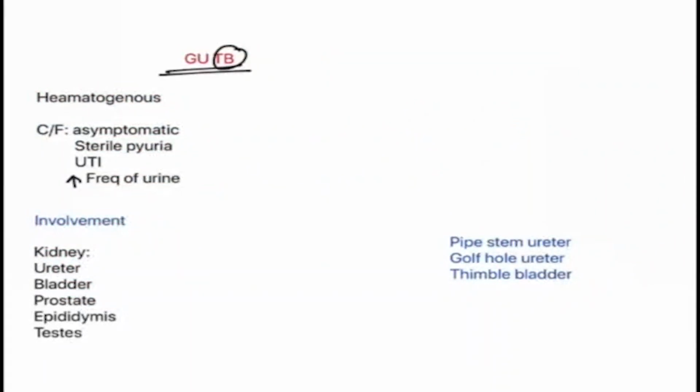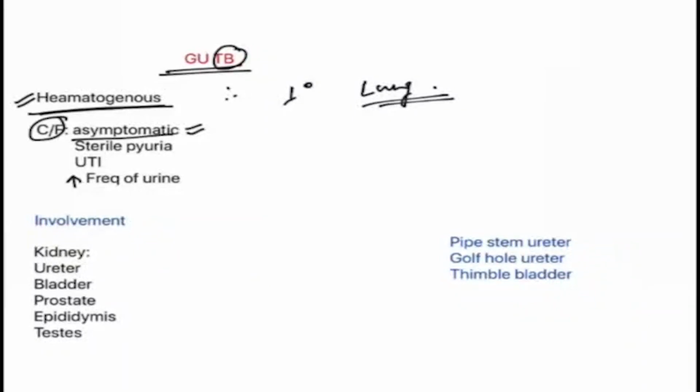So chronic infection causes this xanthogranulomatous pyelonephritis: Proteus, obstructed system. Now coming to the tubercular infection of genitourinary tract. So these are mostly hematogenous, that means the primary is almost always in lung, and from there, by hematogenous route, the genitourinary system is infected. Clinical feature: mostly these are asymptomatic.